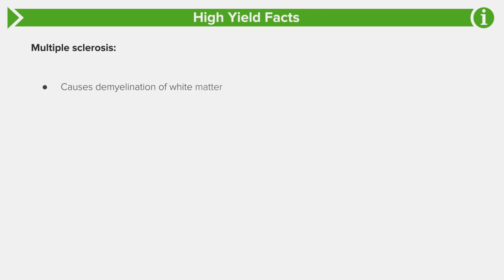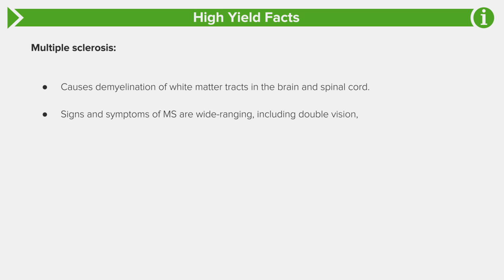Multiple sclerosis causes demyelination of white matter tracts in the brain and also the spinal cord. Due to the generalized lesions of the central nervous system, signs and symptoms of MS can widely range from one patient to another. We can see double vision, muscle weakness, trouble with sensation, trouble with coordination, and even cognitive disorders.